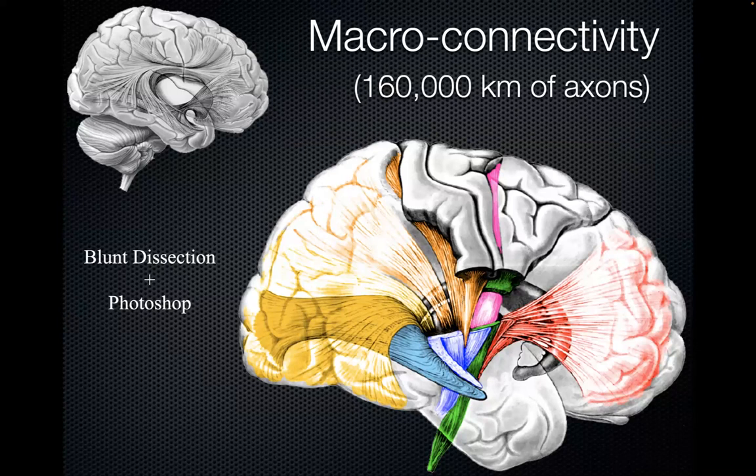Luckily, as you're going to see today, these axons tend to organize themselves in groups, in families. And here I photoshopped a few in red, white, yellow. So the motor connections, the frontal connections, the visual tracts here in blue, they tend to group in long range connections from a few centimeters to almost 2 meters. I have axons going from my motor cortex all the way down to my feet, 2 meters long.